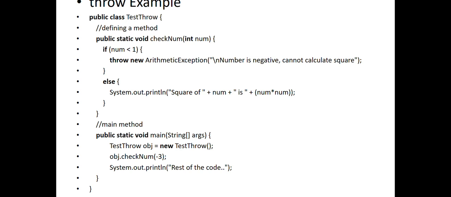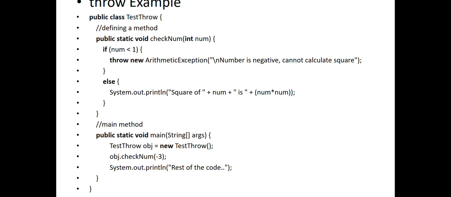Here I am creating a class, public class TestThrow. In that I am defining one method, named checkNum. I am creating that method as static because using static we can call it anywhere from the main method throughout the program.